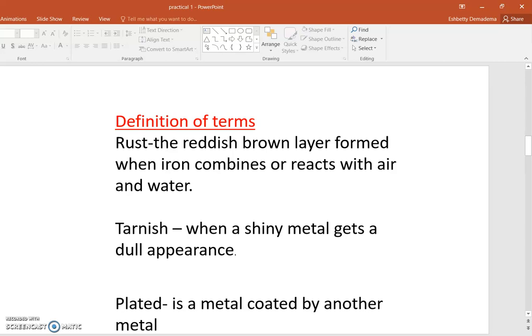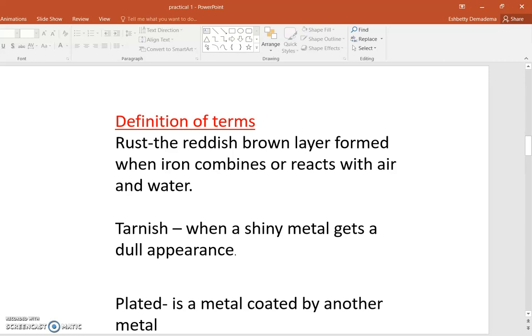Rust, for example, is a word that we have come across, and we said that it's the reddish brown layer formed when iron combines or reacts with air and water. And I did give in my previous lessons examples of how corrugated iron rusts if it's not protected.